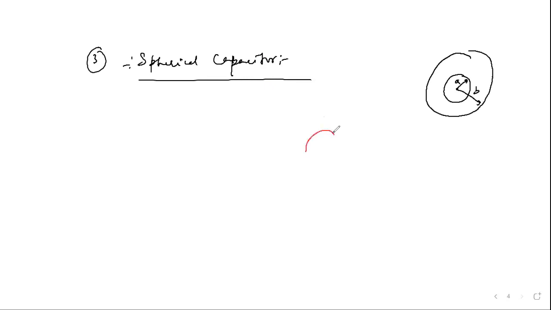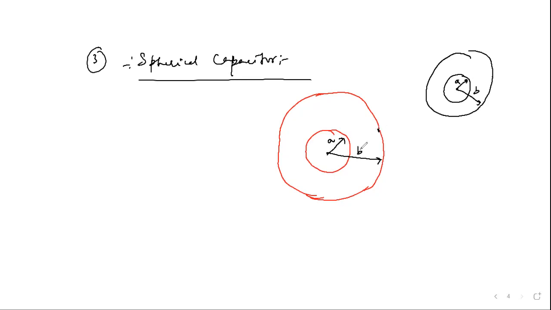Let me make it a bit bigger. These are concentric. So I have an inner solid sphere of radius a, and the outer spherical conductor is concentric to the inner one, of radius b.